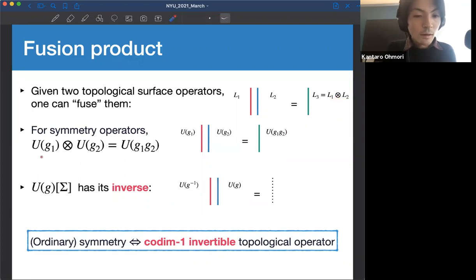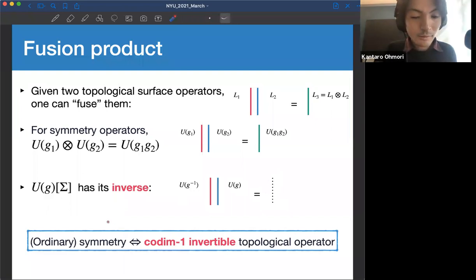For the symmetry operators that I'm talking about, this fusion is just given by the group multiplication. In particular, these symmetry operators have inverses because it's a group, so there is an inverse element for any element. If you fuse the two operators corresponding to g and g inverse, then you get the identity, which is the trivial operator. Trivial operator means that you do nothing.